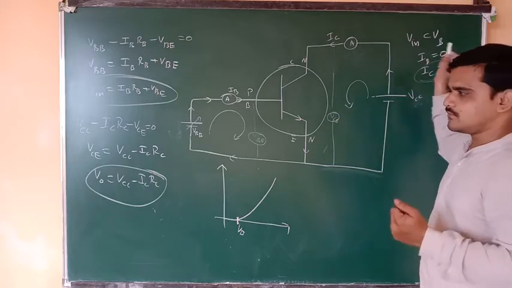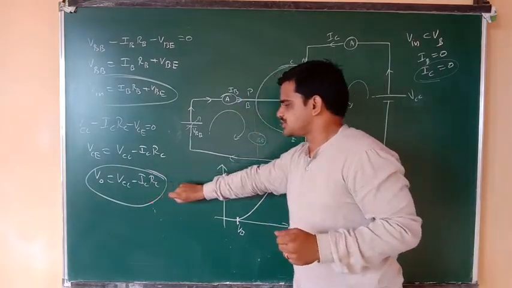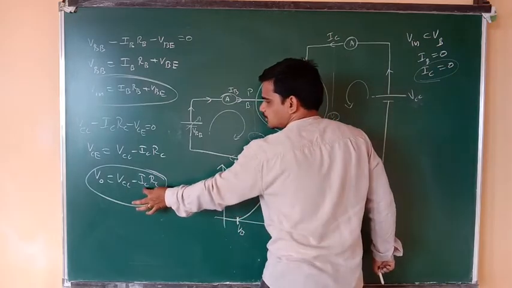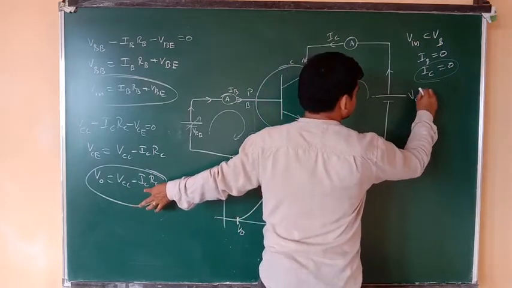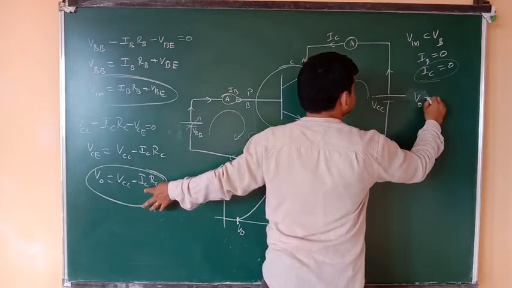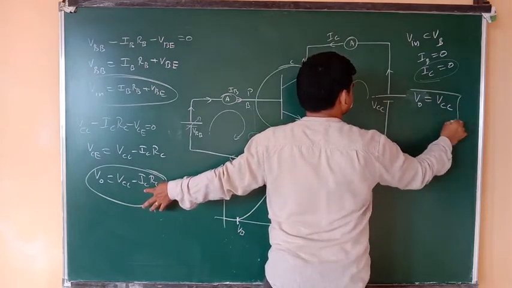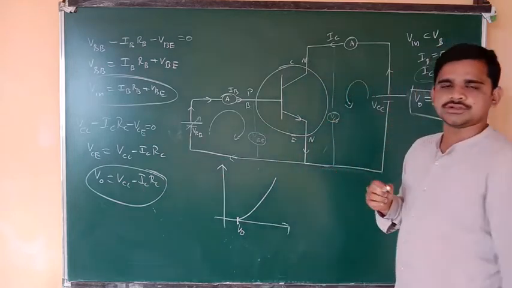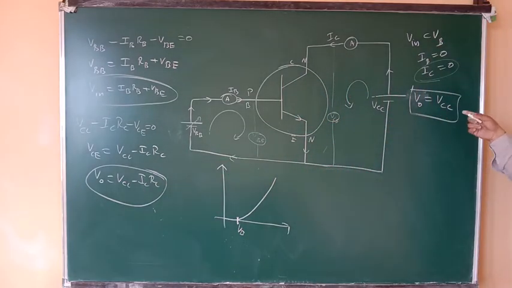When IC becomes 0, what happens to this expression? IC is equal to 0. Then the output is equal to VCC.